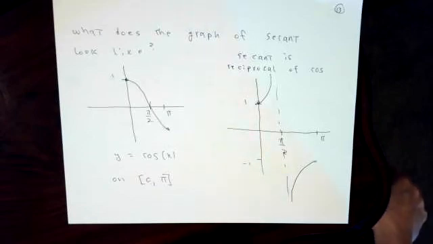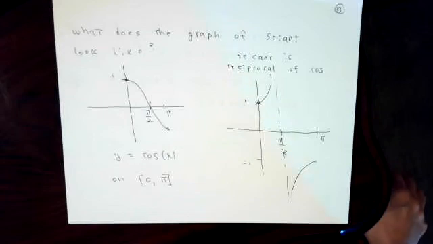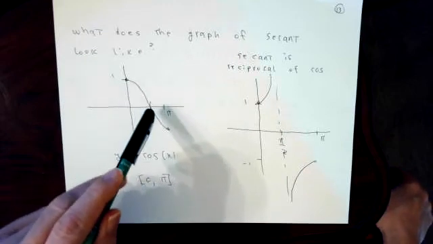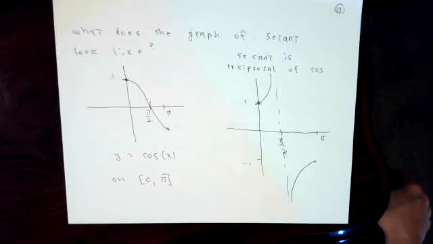The secant is the reciprocal of the cosine function. So when the cosine is equal to 1, the secant is also equal to 1. The cosine remains positive for a while, but gets close to 0 as you approach x equal pi over 2.